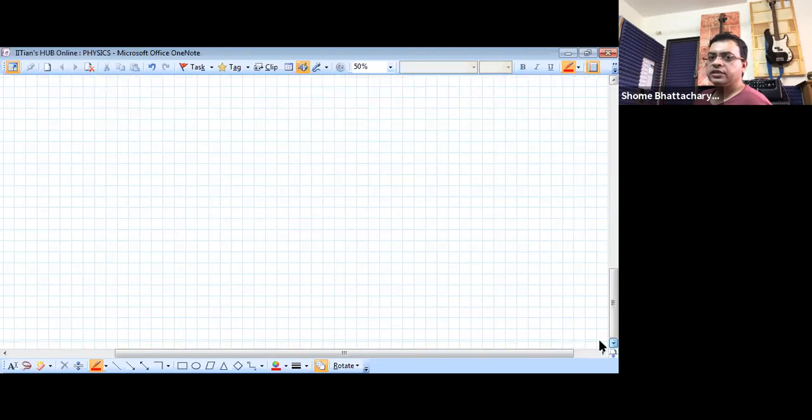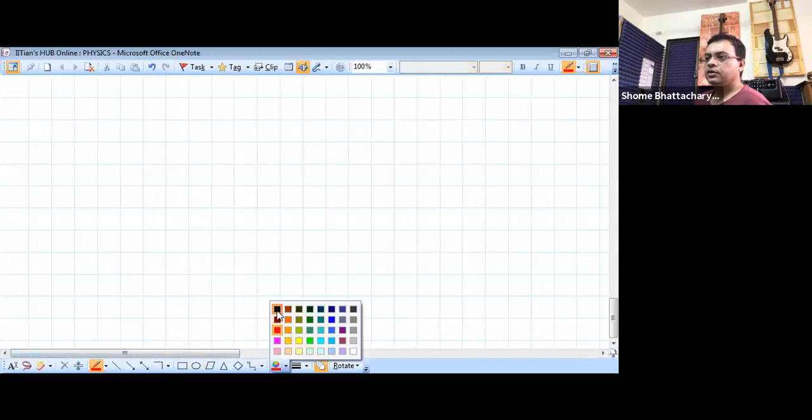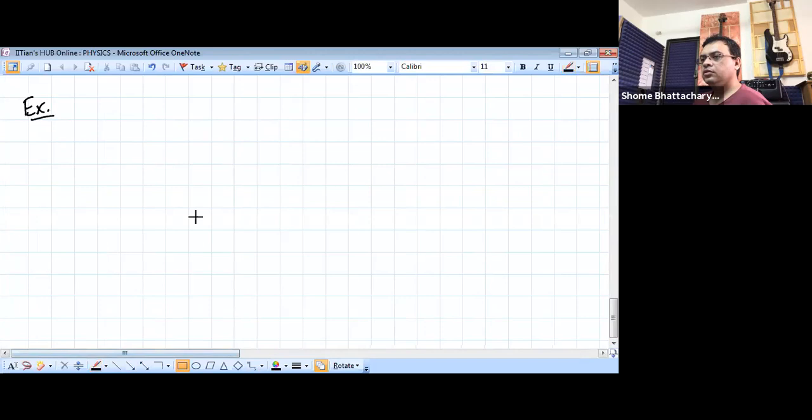Okay, let's move on to the next question, which this time you will solve. It's like a continuation of the same type of problem, but with one difference now. So again, we have that 10 kg block on a smooth horizontal surface.